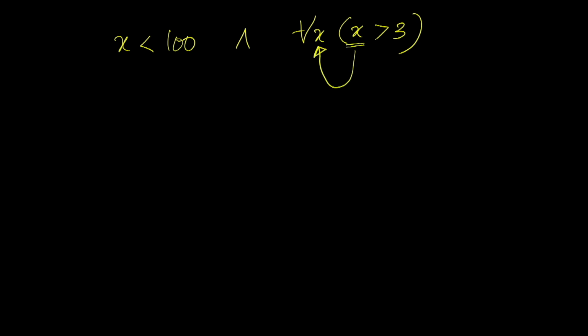For example, when I have a statement of this form, x less than 100 and for all x, x greater than 3, this occurrence of x is bound to the x in the quantifier. So this is a bound occurrence of x, whereas this is a free occurrence.